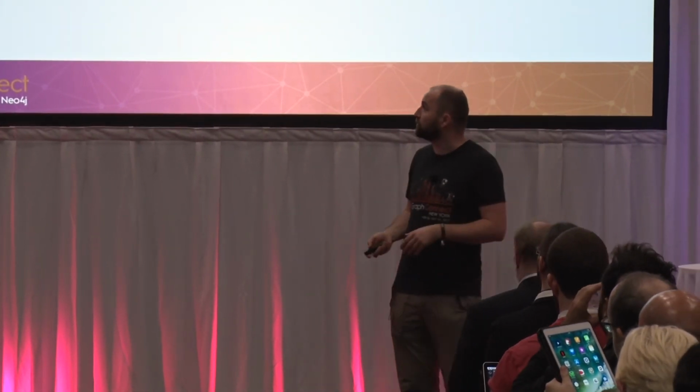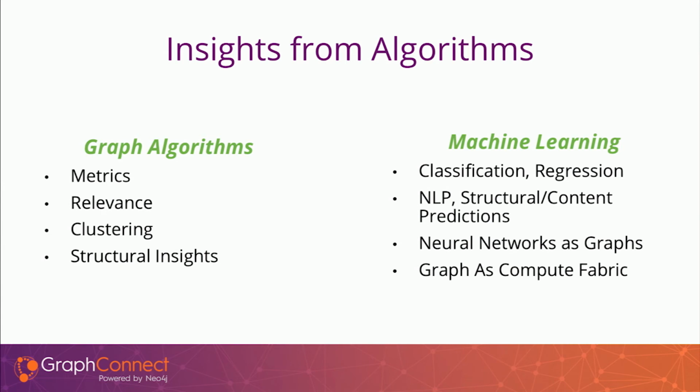And it all leads us to these structural insights. We won't talk too much about machine learning today, but there are lots of really interesting bits and pieces that I'm looking forward to working on in the future with graphs and machine learning, from NLP to prediction of structure and data, to representing neural networks in the graph, being able to query neural networks, compare neural networks, and things like that.